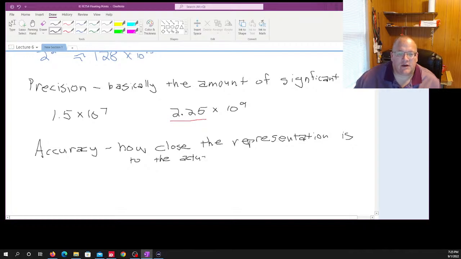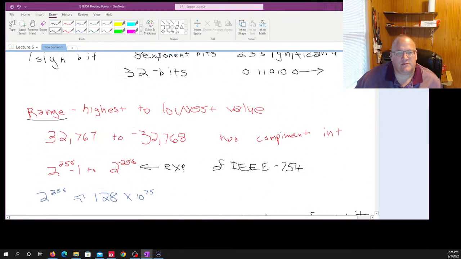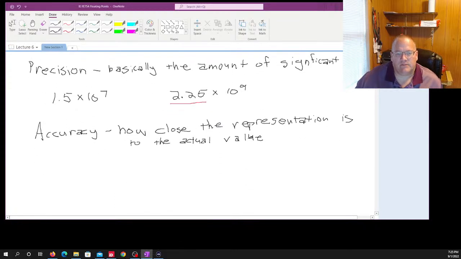That'll make more sense. We're going to come back and revisit this in a second, because we haven't really seen it yet. There's a major flaw in floating point numbers, and we're going to see that here in a second.